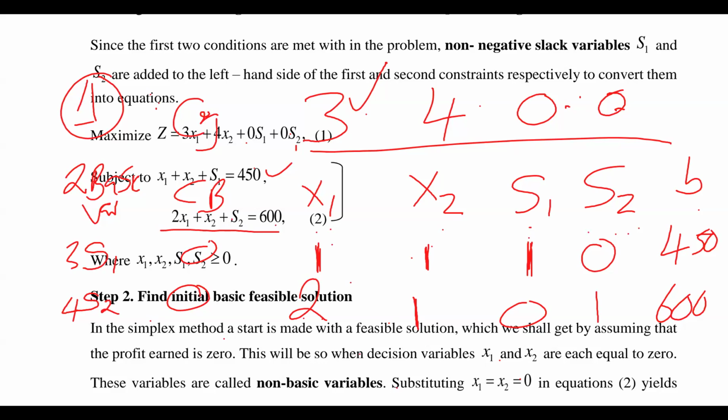Then for x2 is 1. Why is it like that? Hello? Hello?